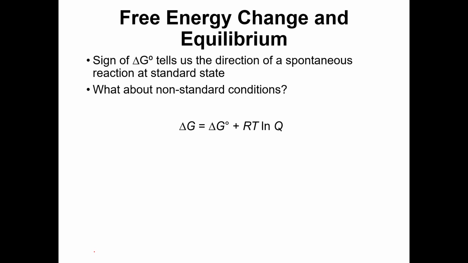The equation for that is delta G is equal to delta G naught plus RT times the natural log of Q. And remember that Q is the equilibrium expression when we're not at equilibrium. Now, R is not the one that we use for the gas law. In this case, the R that you're going to need is 8.314 joules per Kelvin times mole.